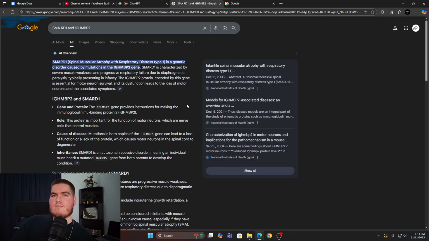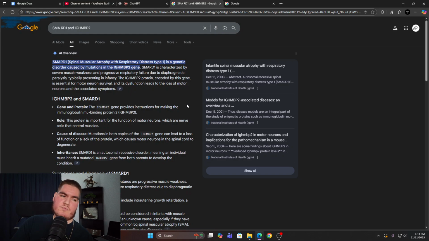On the other hand, the IGHMBP2 gene is involved in a different mechanism. It helps with the stability and survival of motor neurons by binding to specific RNA molecules. So while both are crucial for motor neuron health, the SMN genes are more about the protein that keeps neurons alive, and the IGHMBP2 gene is more about the stability of the neurons themselves.